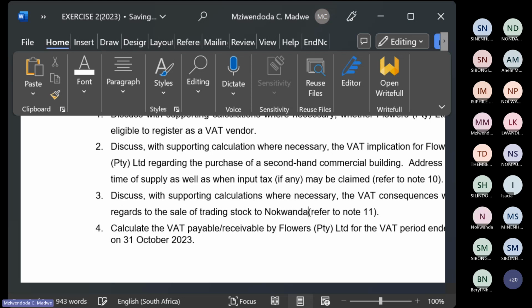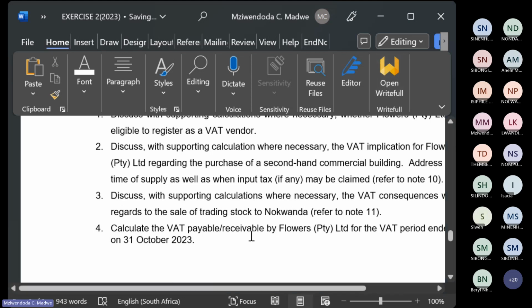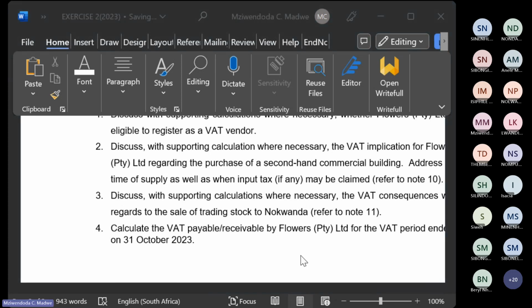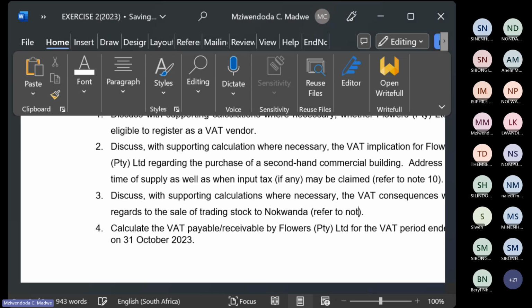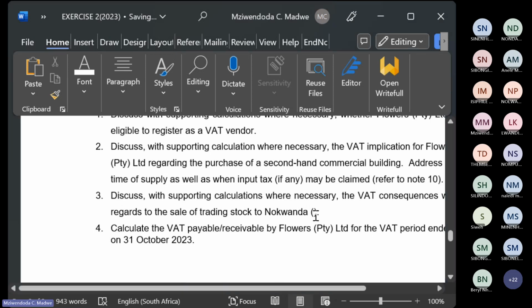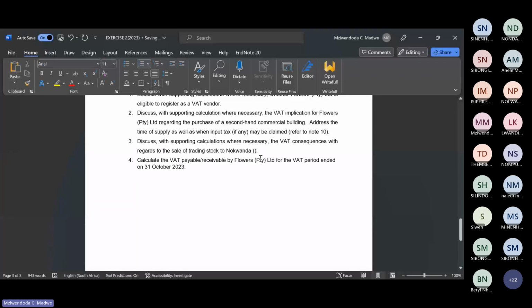Can we please correct that one? Here we have to say: with regard to sales of trading stock made to Nogwanda. Okay, let us cancel this note. This reference, is it correct? It's not correct. I think it's note 2.